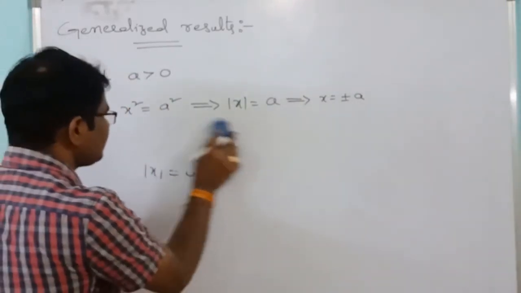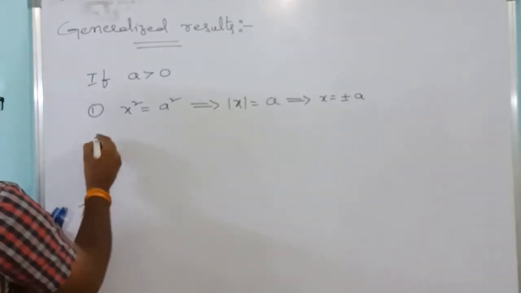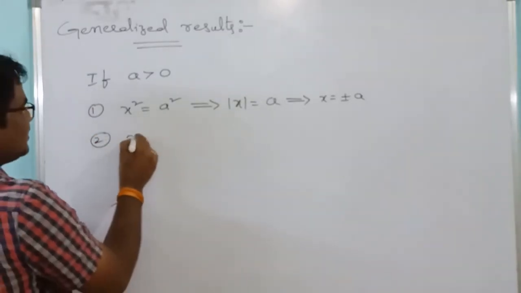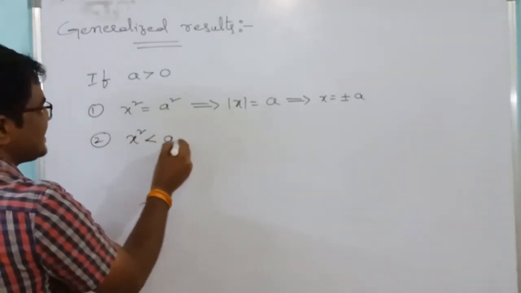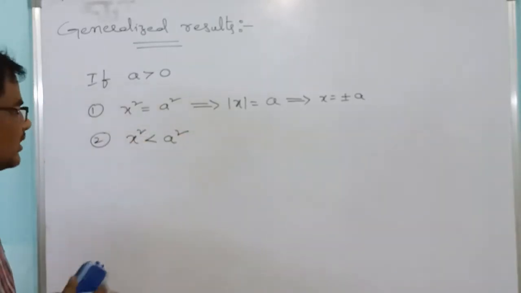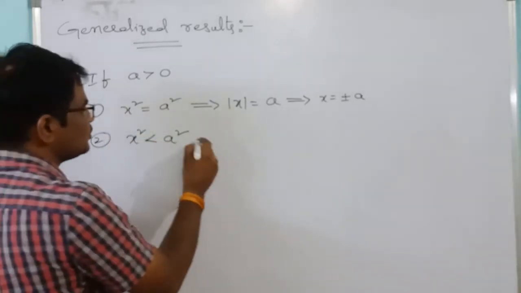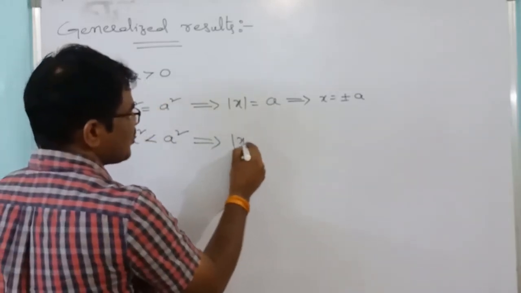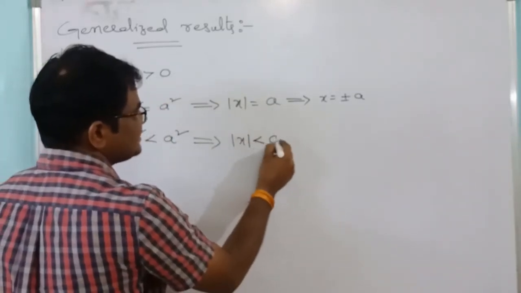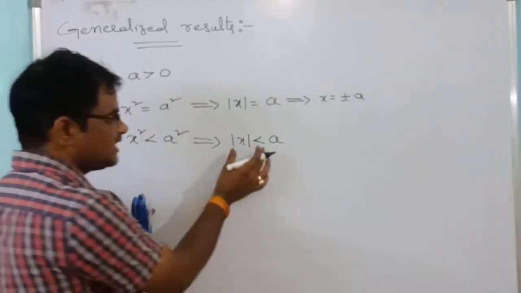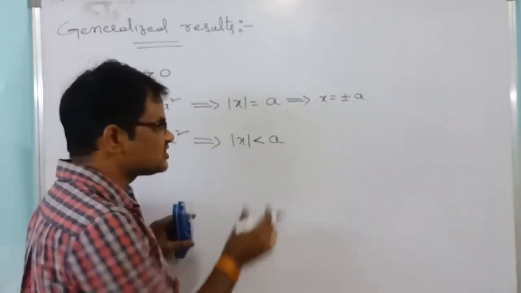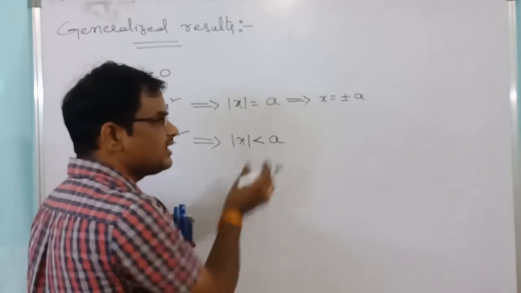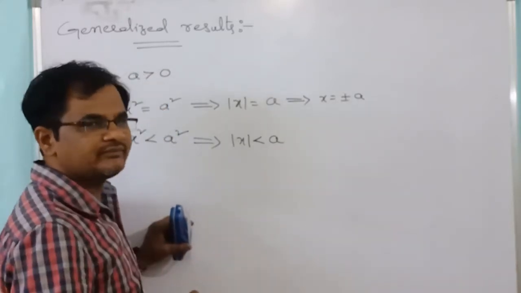Next, the second one: if x square less than a square is there, take root here also, taking a greater than 0. So mod x less than a you will get. Whenever mod x is less than a, it means distance covered is a units on the left and right side of the origin.